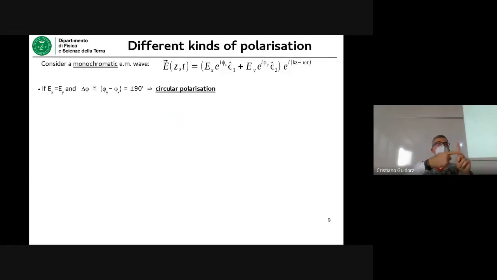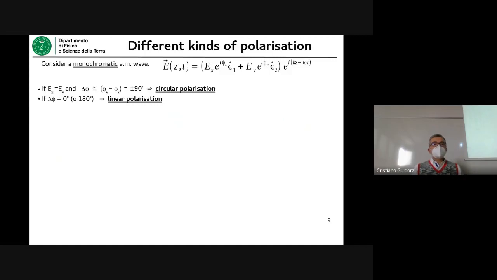When you combine two harmonic motions along perpendicular directions with a phase difference of 90 degrees and equal amplitude, the result is just uniform circular motion, which here in terms of the electric field means an electric field which describes a circle. So this by definition is circular polarization, because the electromagnetic field is just describing a circle.